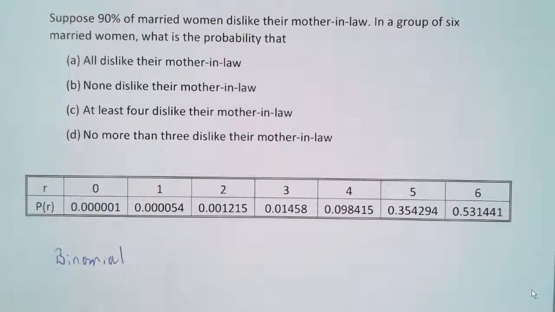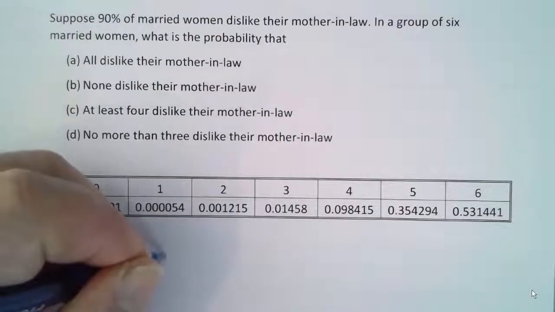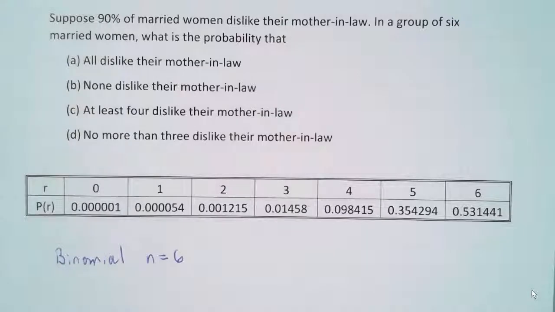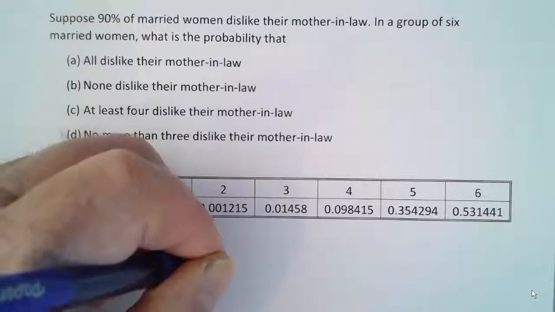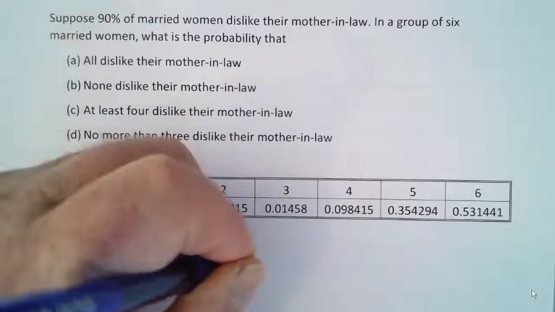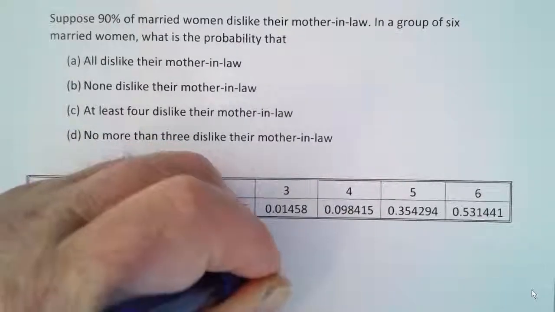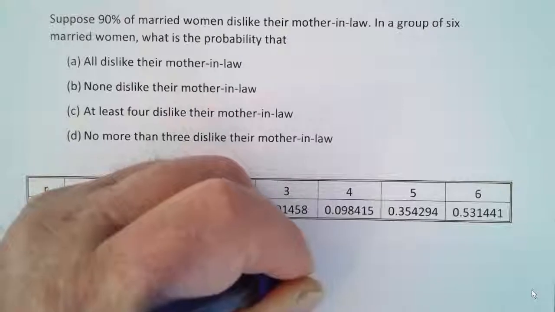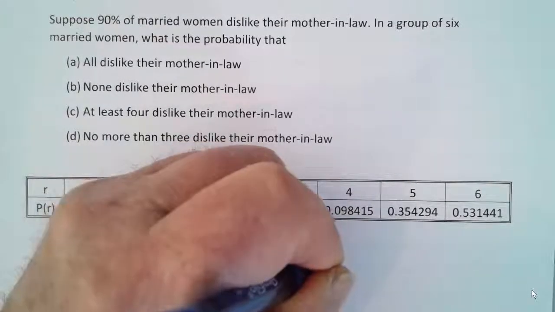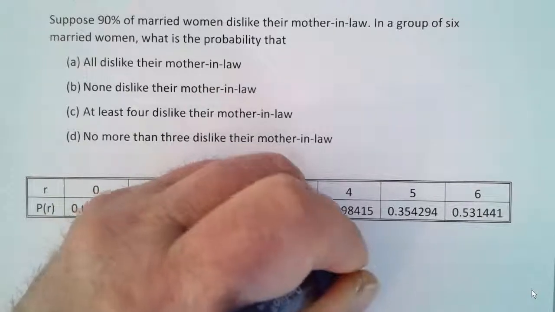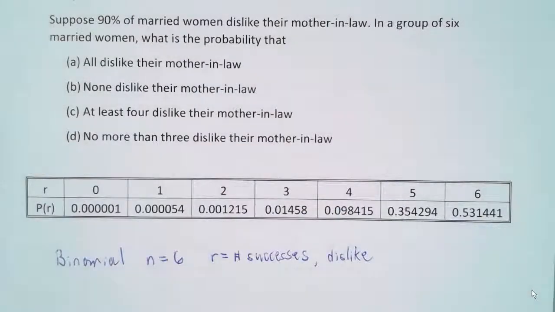Secondly, we have n equals 6 trials. And thirdly, r is the number of successes, which varies depending on which part of the problem you're looking at. And success in this case is the outcome that the married woman dislikes her mother-in-law. R could range anywhere from 0 through 6, and we'd like to get these probabilities.